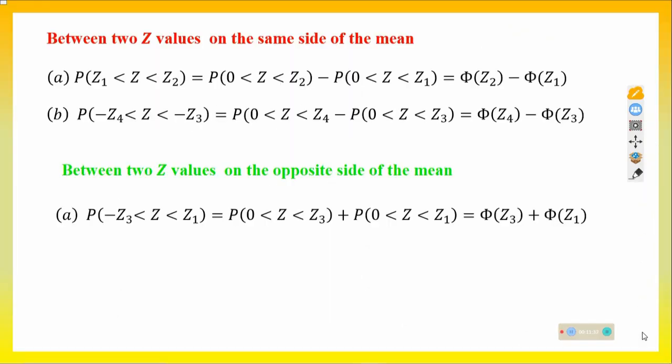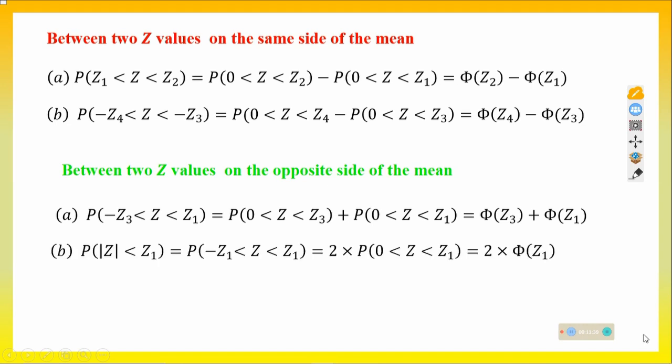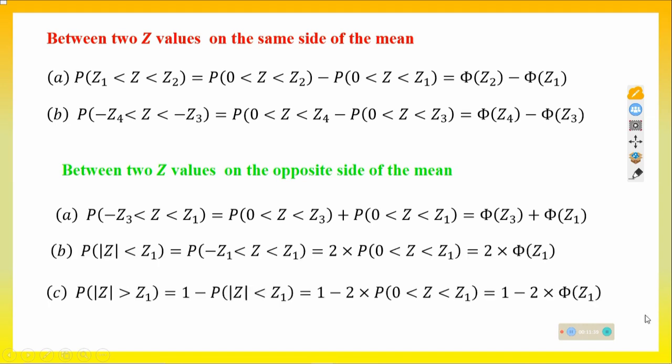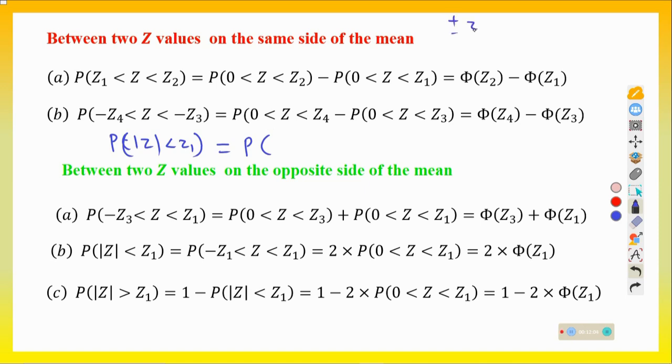Then let us look at the case when you are having magnitude. If you are dealing with magnitude, it is also easier. It is a matter of understanding what magnitude means. If you are looking at the probability of the magnitude of z less than z1, then this expression is the same as the probability of positive and negative values of z.